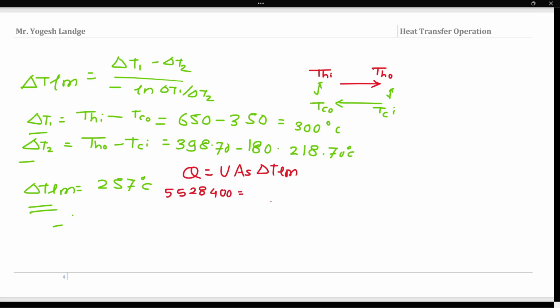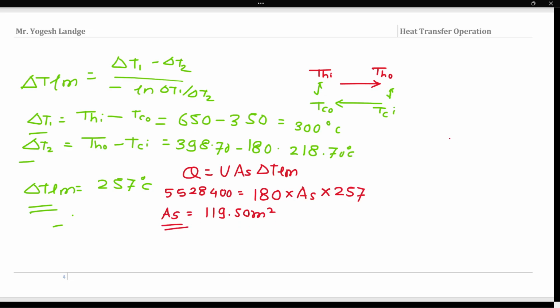The value of U that we calculated is 180. The surface area is to be calculated, and the delta TLM value is 257 degrees Celsius. From that, we got the value of surface area, which is 119.50 meters square. This is the surface area required for the condition.